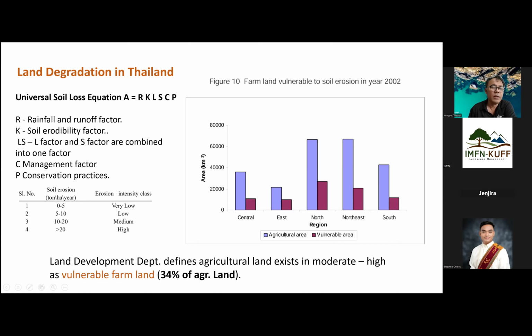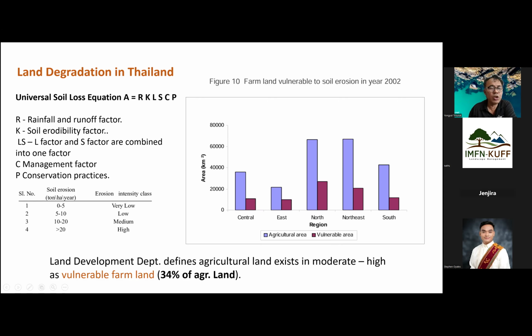It means that if the area is still covered by dense forest, for example evergreen forest, the raindrop impact on the surface soil is quite limited. But if we have open area like grassland or rubber or eucalyptus plantation, there is a lot of chance that we have gaps, so the rain can directly contact the surface soil. And P is the conservation practice.